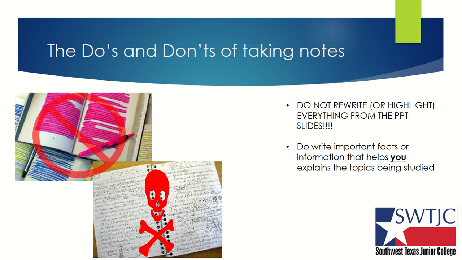Okay? The important facts. That's what you need to really write on your notes, right? The important facts, the important information, the highlights, right? Highlighting is to actually highlight important facts and important terms, right? The information that is important to you.